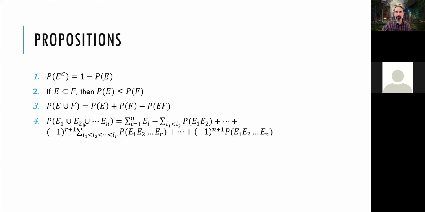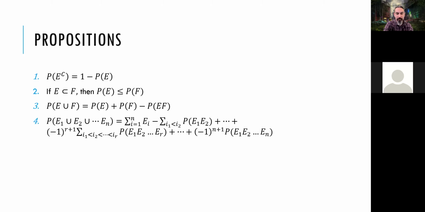And the last one is the generalized version of the third one. We are going to see it at most for 3, maybe very unlikely with 4 of them, but still 3 is normally the limit. When you take the union of 3 events, A, B, C, let's write them so that we can see it easier.